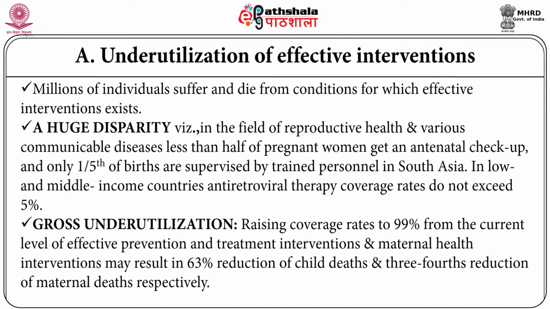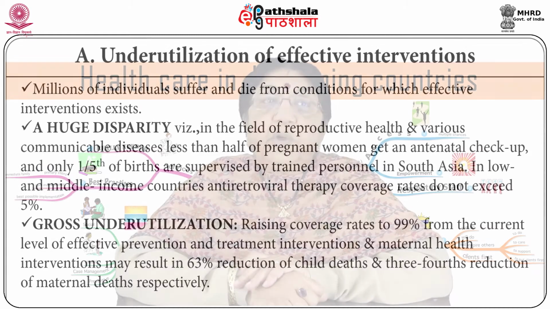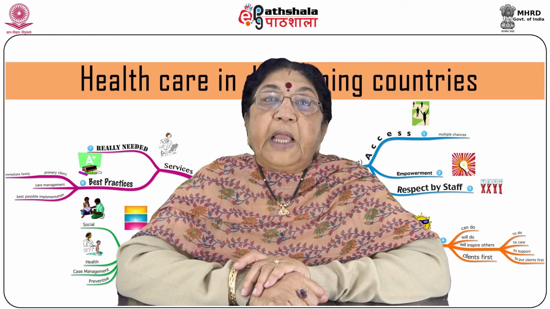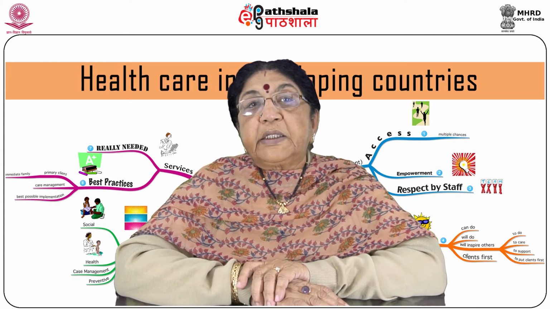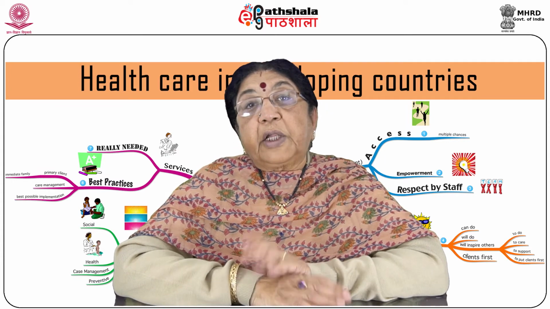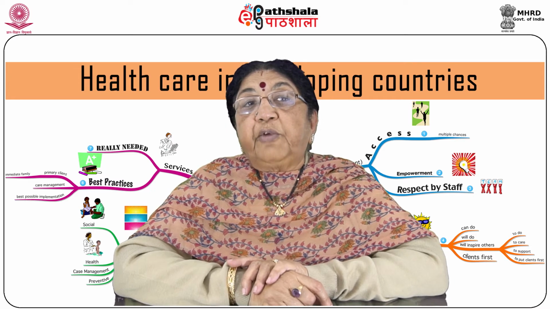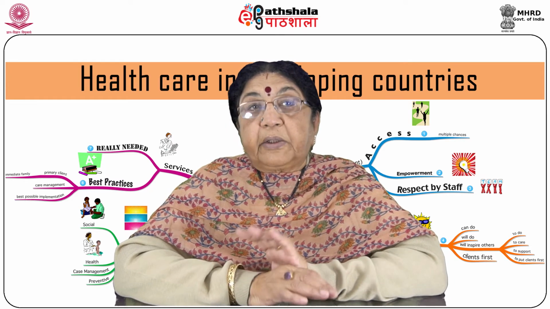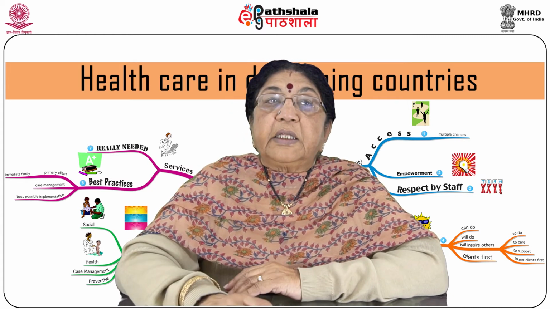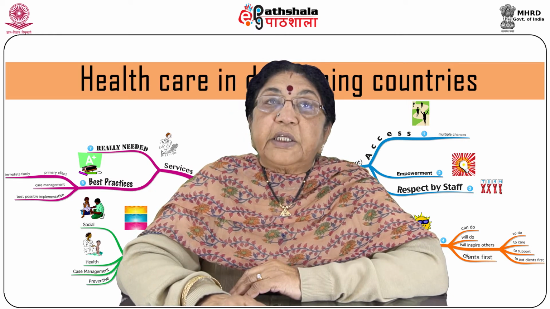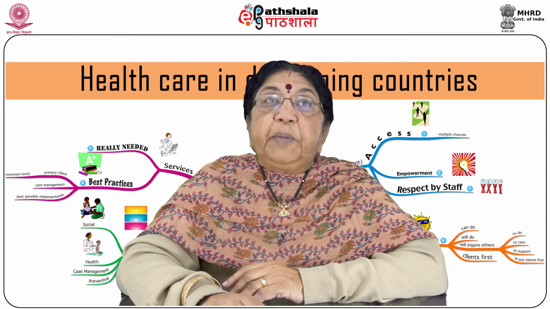Raising coverage rates to 99% from the current level of effective prevention and treatment interventions and maternal health interventions may result in a 63% reduction of child deaths and a three-quarters reduction of maternal deaths. But this does not happen because, like we've been talking, there is absolutely gross underutilization of the services which are existing for these very people.